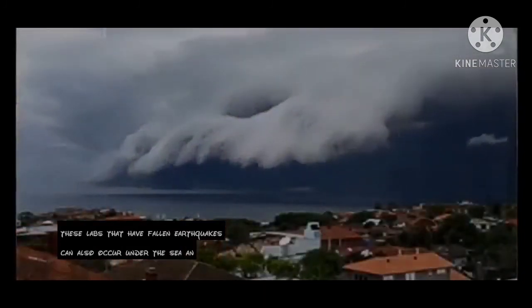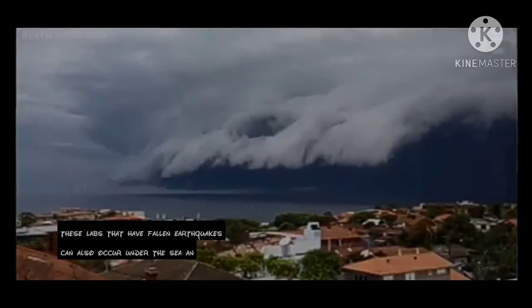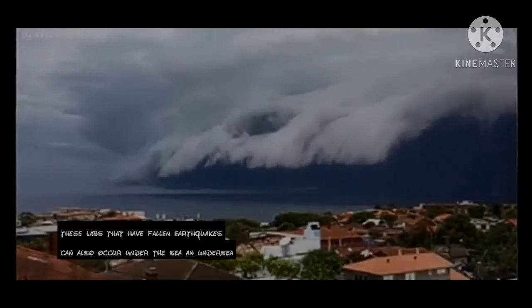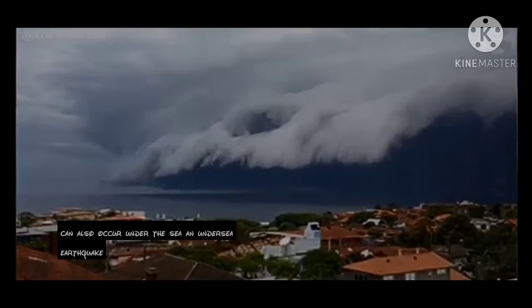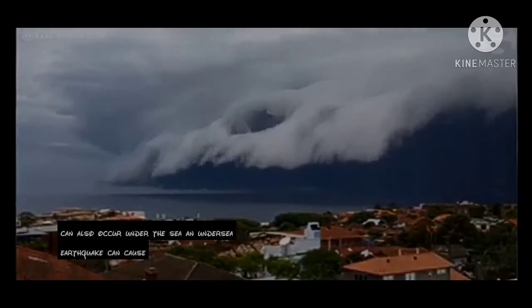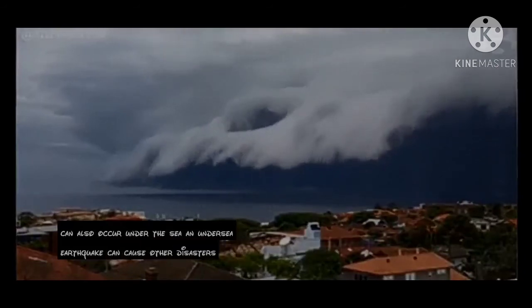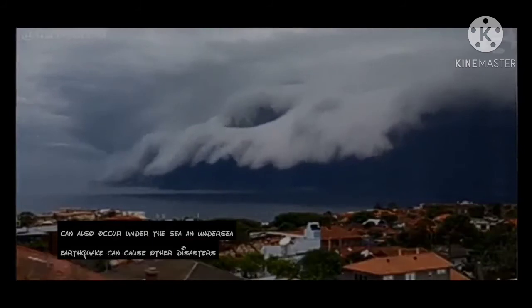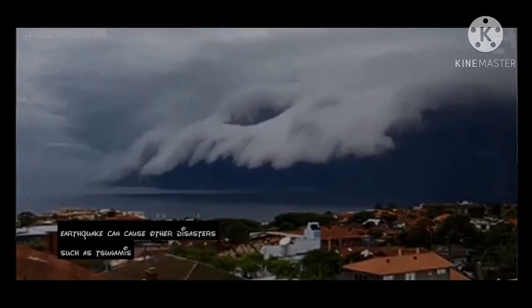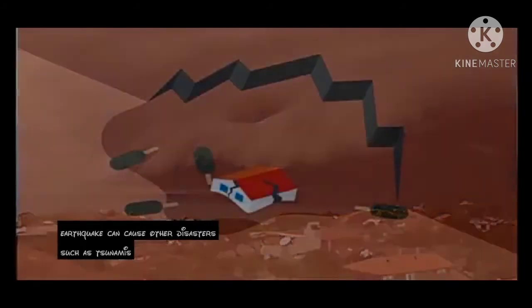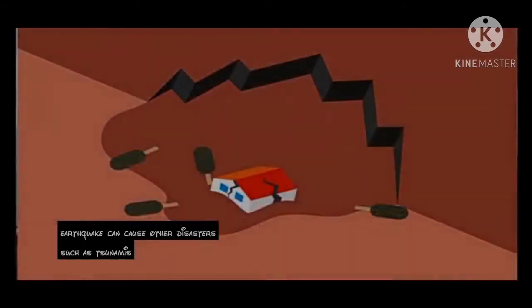We can also trace, using the seismometer, at what place the earthquake is going to occur. It might be under the sea or it might be on the earth's surface. An earthquake can cause other disasters such as a tsunami, so we shall now move on to our next topic, that is tsunami.